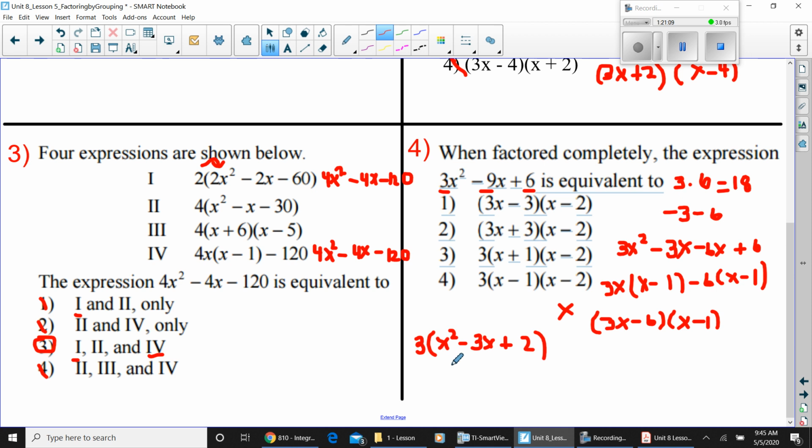Okay. So now you could go ahead and set up your binomials with the correct 3's on the outside. 1 and 2 are gone.